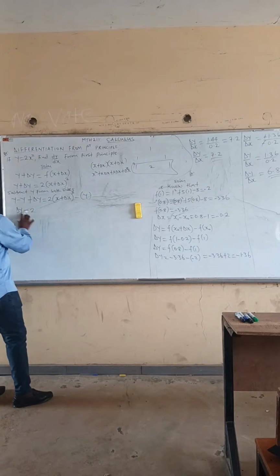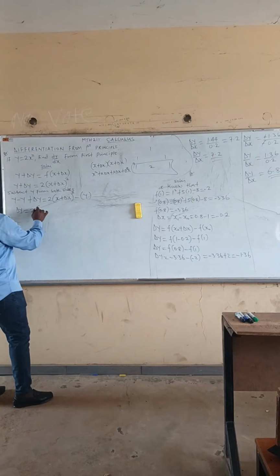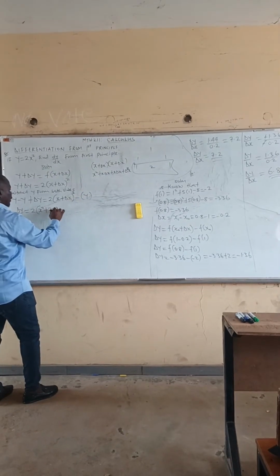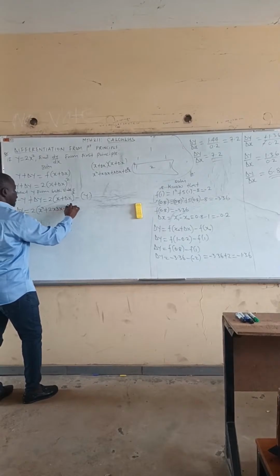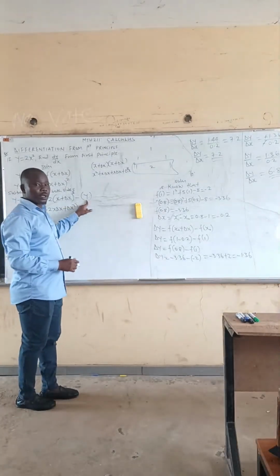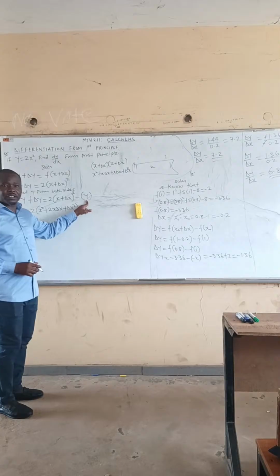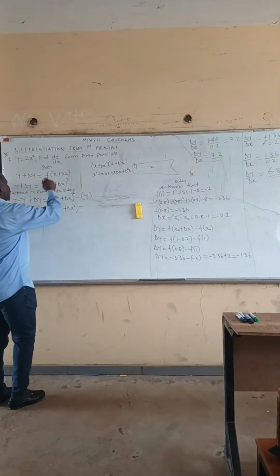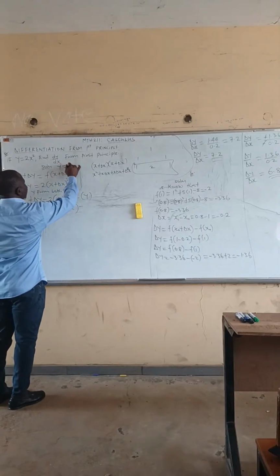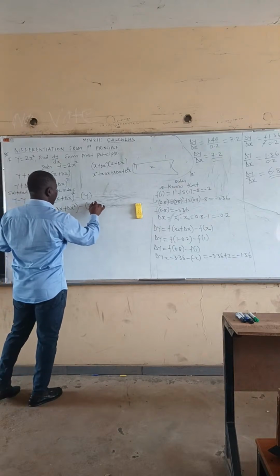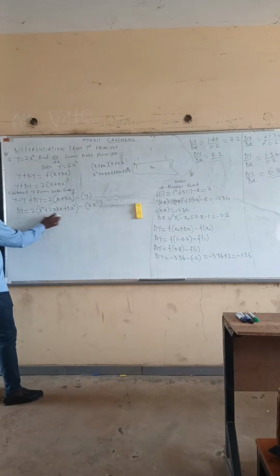So now, this is what we are going to have: x squared plus 2x dx plus dx squared, right? Then minus y. See your y now, they say y is equal to 2x squared. We open this bracket.